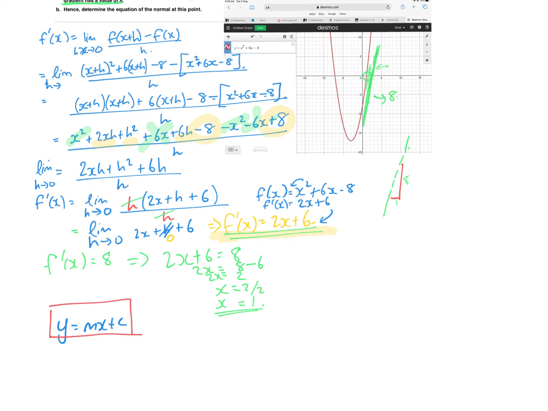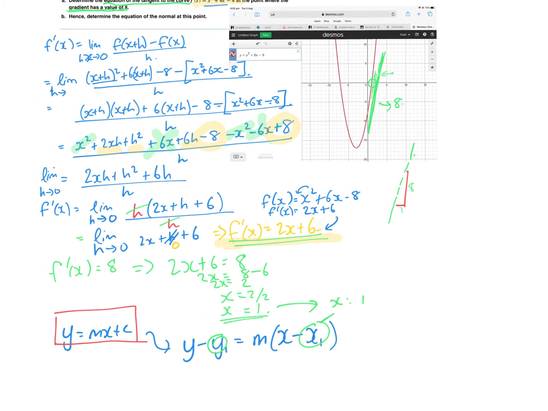To find any line, we use the general form: y minus a y point is equal to the gradient, m, times x minus a point x. So these x and y values, we have to substitute in a point for. We know that x can be 1 from here. We don't know the y point that corresponds to 1.